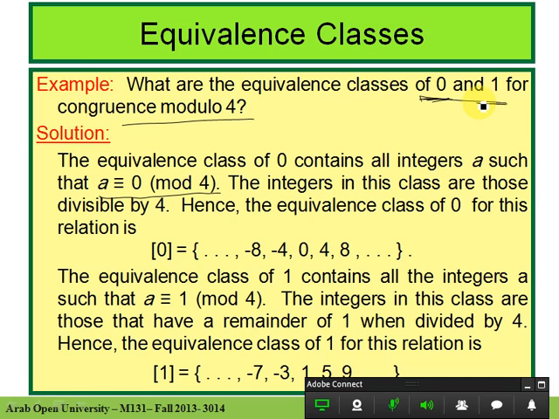First we will calculate the related elements of 0, which is the equivalence class of 0 in modulo 4. So you have to find all the numbers which, if you do mod with 4, give you 0. Now what are those numbers?